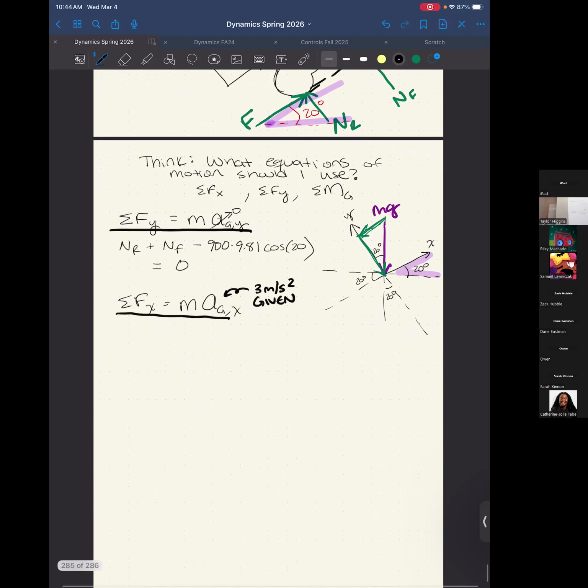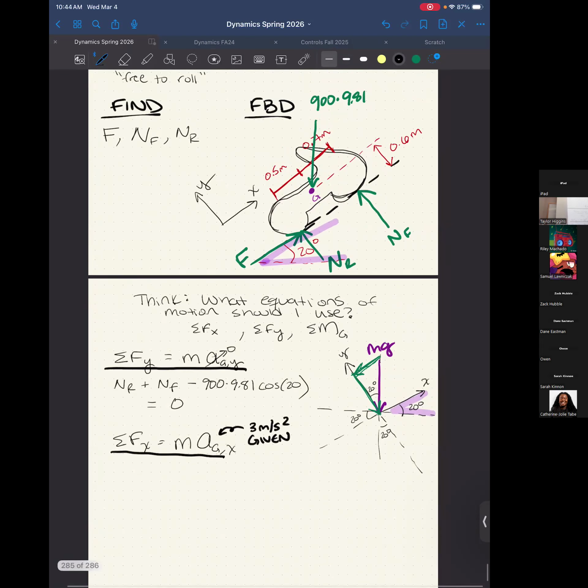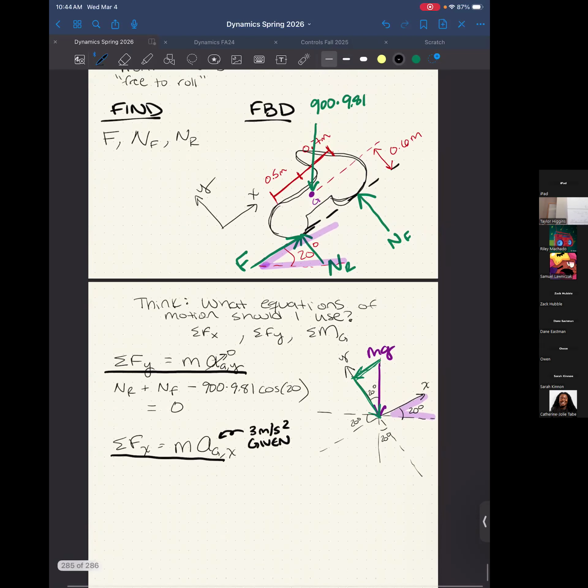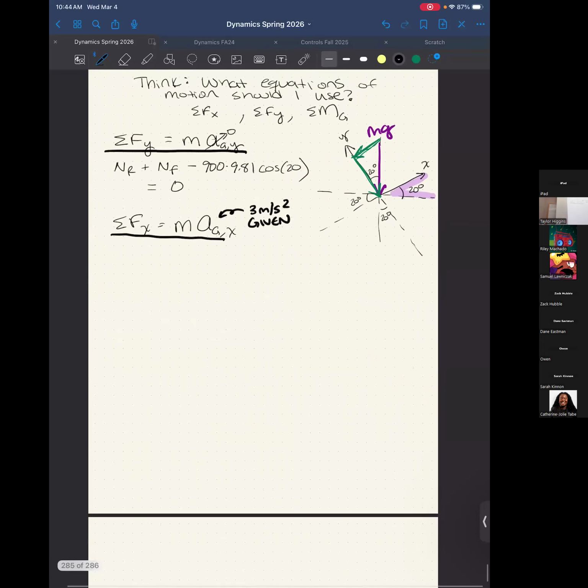Okay, and then what forces do I have in the x direction? Gravity and friction. Very good. All of friction goes in the x direction, so we'll go ahead and say friction. And then gravity, back to our trig image here. Looks like the x arrow goes in the negative x direction. And then which trig function is it? Sine 20.